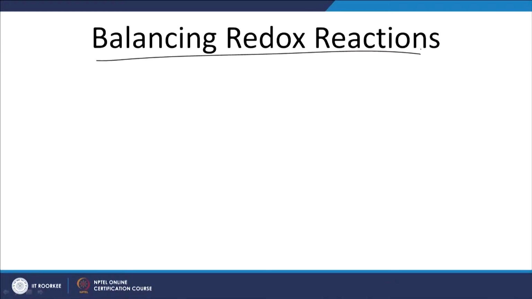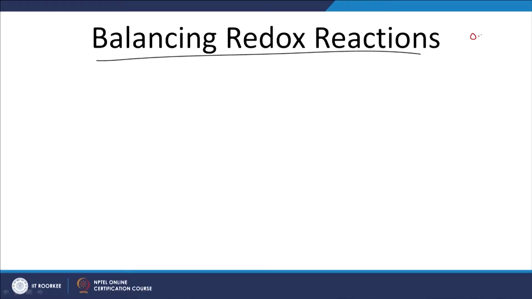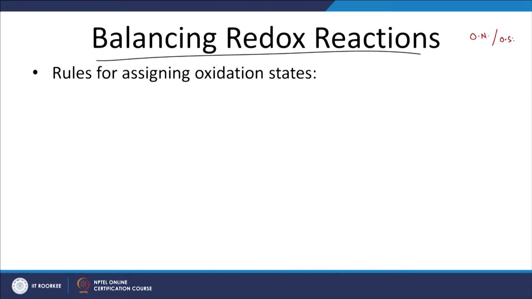So again, we are going to have a few rules to be able to understand this particular situation better. Obviously we are going to talk about balancing redox reactions in great detail later on, right? But we need to look at a few particular rules, as in how to first calculate the oxidation number or the oxidation state, right? So let's look at a few aspects.